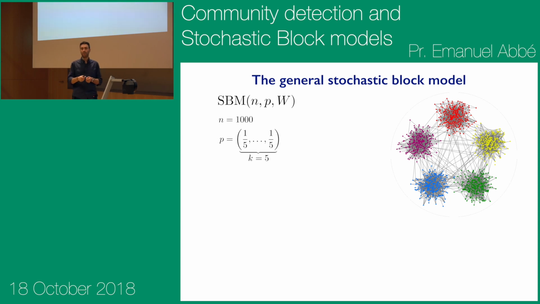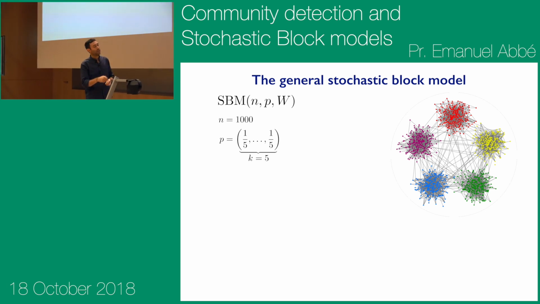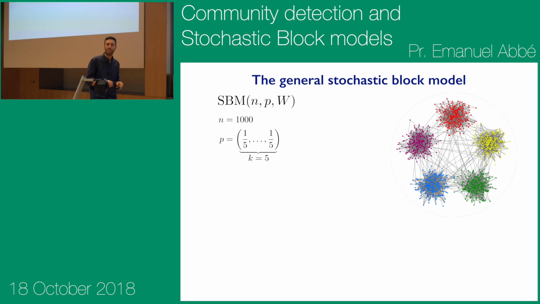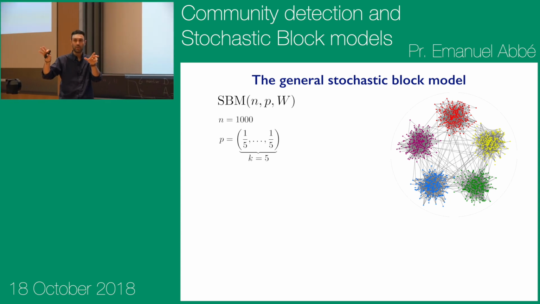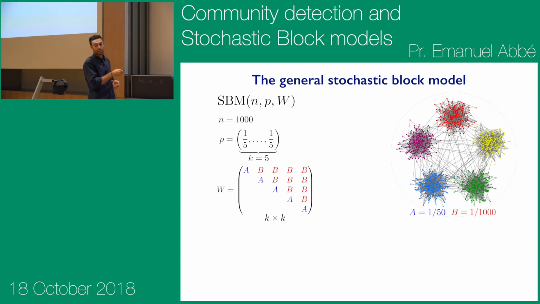Okay, so I have this die that is balanced, this coin that has 5 sides equally likely, and I say, okay, you're blue, red, yellow, etc. And by the law of large numbers, by concentration, when you normalize the size by n, the group sizes will tend to these 5 values that you start with. Whatever I will say in this class is the same if you do the model where you exactly split with the sizes you want, or whether you do this soft coloring independently to each node, because as n tends to infinity, the two models become equivalent by the law of large numbers. Okay, so that's the second parameter P. P is the relative size of the communities.